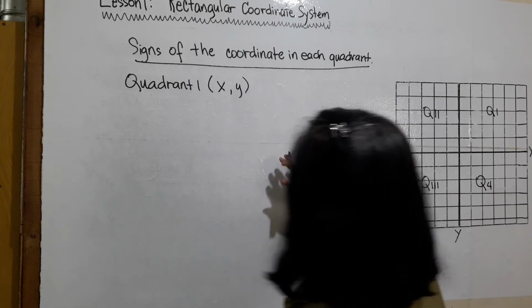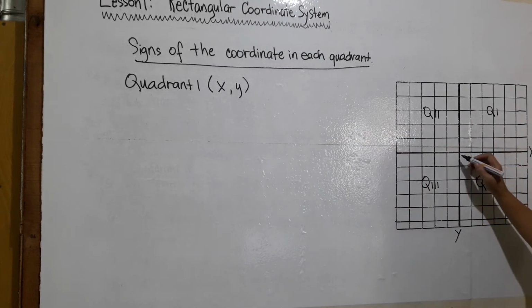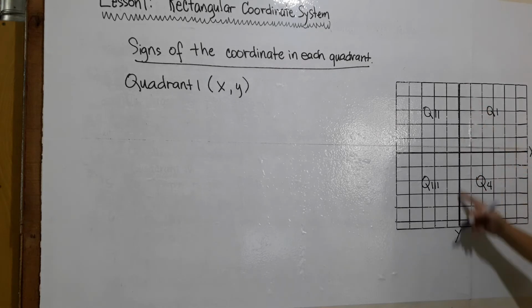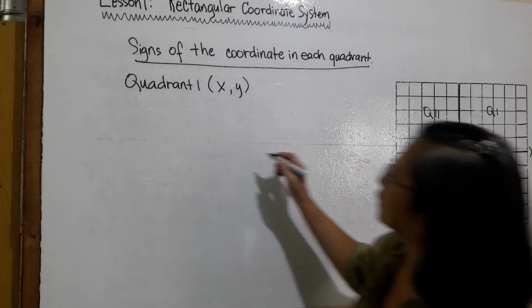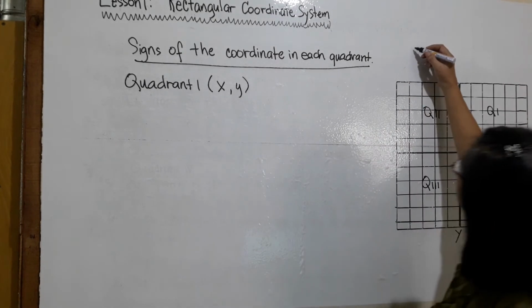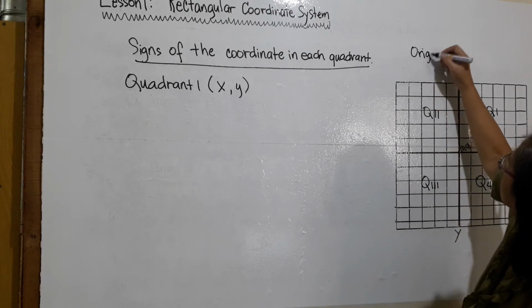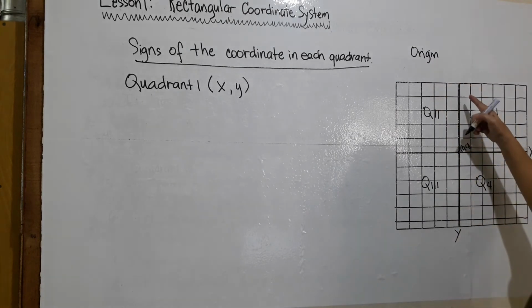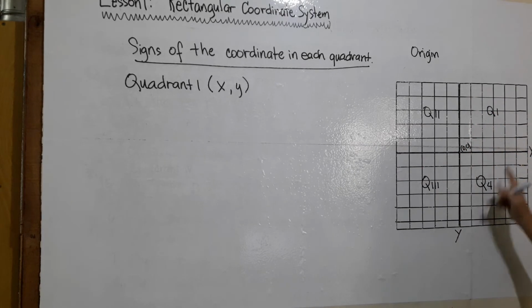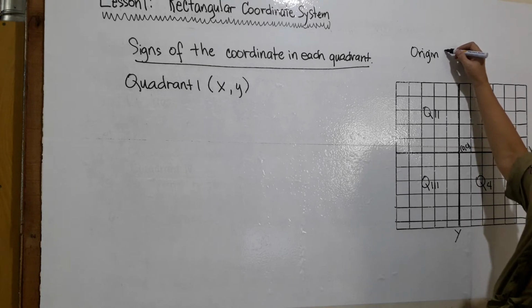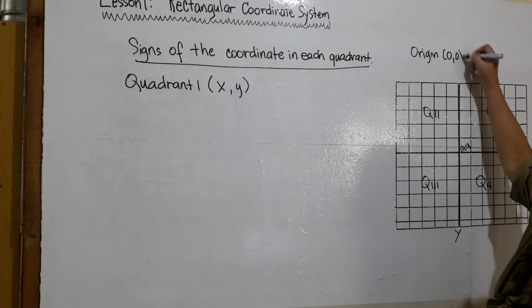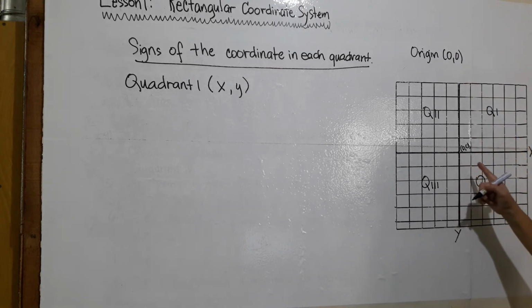Remember, the intersection of the perpendicular lines formed by x and y is this point with a coordinate of (0, 0), and (0, 0) is called the origin. There is no sign for 0.